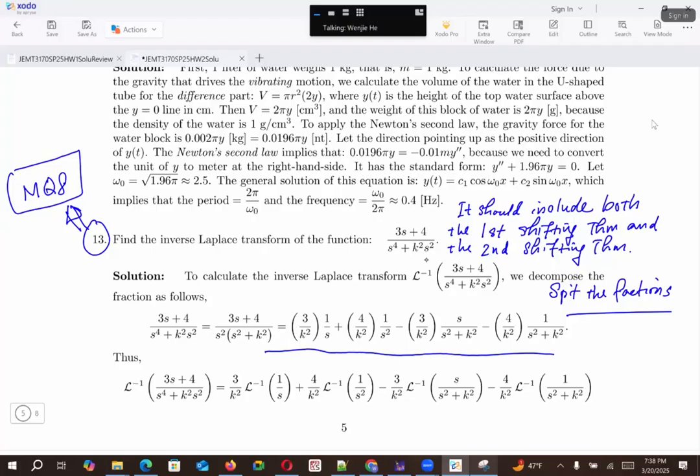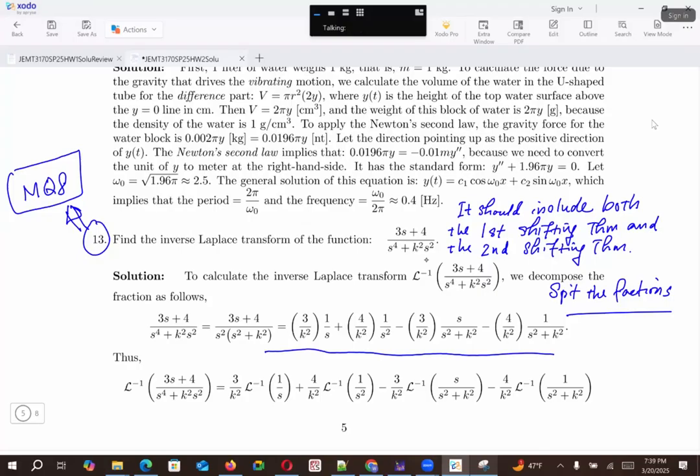But I believe some of the students may not be able to master those methods. If you cannot understand that method, then just use the way that you can handle, okay? Like a partial fraction method.